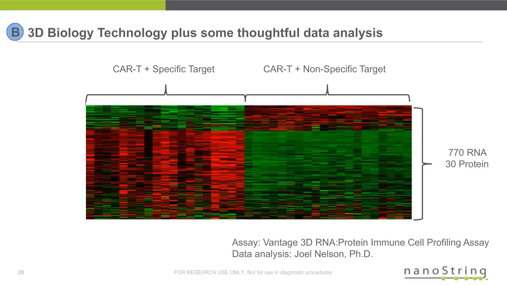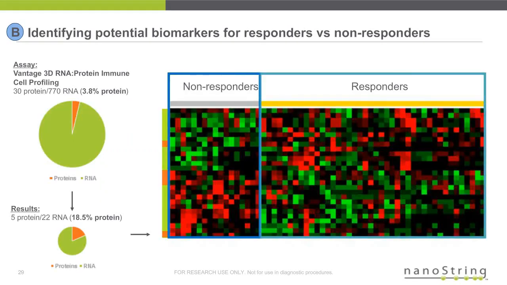And so just in a very small pilot study, we've started to look at that. So same starting data set, RNA and protein, and comparing samples from the patients that were non-responders versus responders, and starting to see a difference. So these are statistically differentially expressed RNAs and proteins in the assay between the non-responders and the responders.